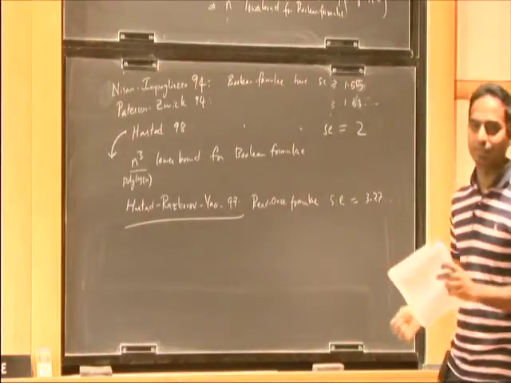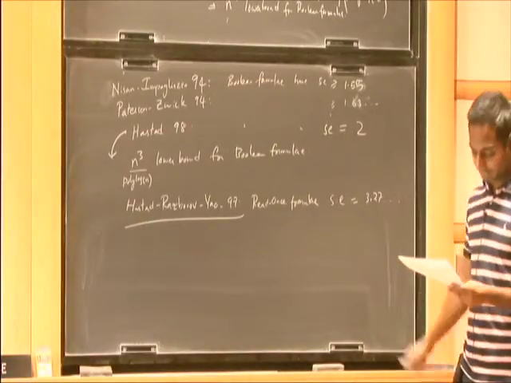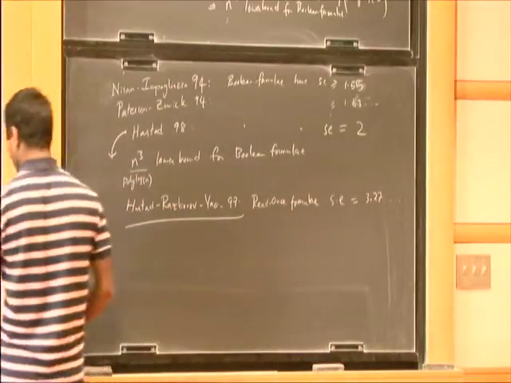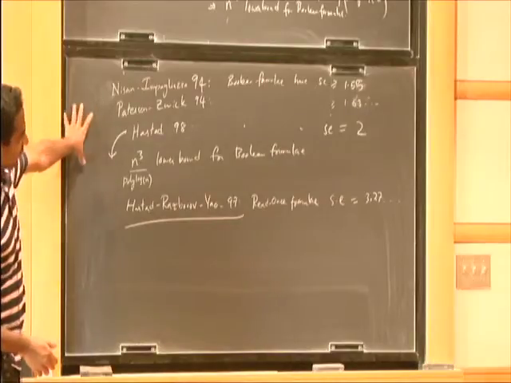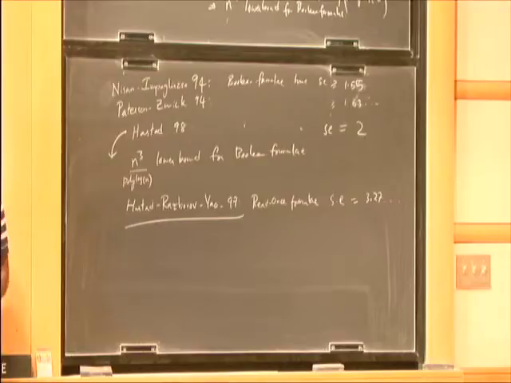There's a root 5 here. But they know the exact value. So this is what's known about the shrinkage exponent, and these give the best lower bounds we know.